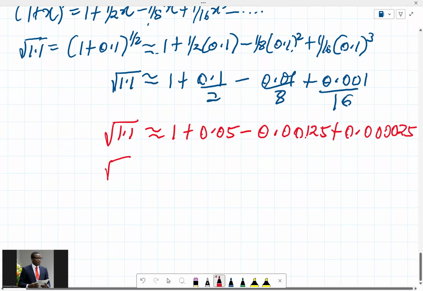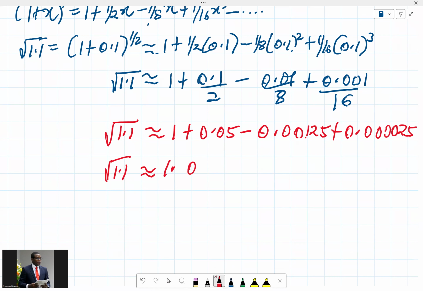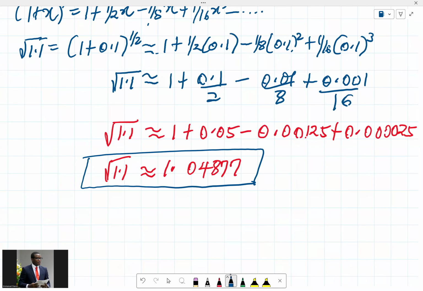And that means the square root of 1.1 is approximately 1.048775. And this is the result we need. Okay, that's the result we need.